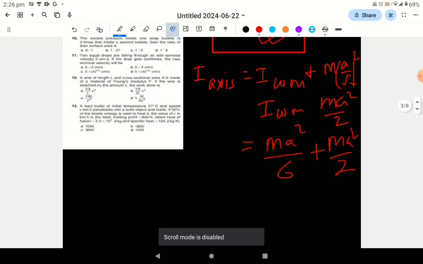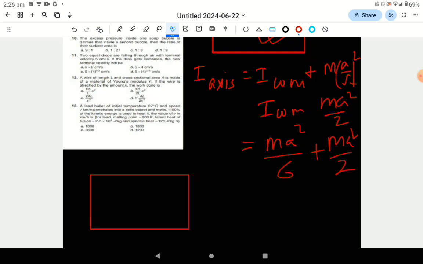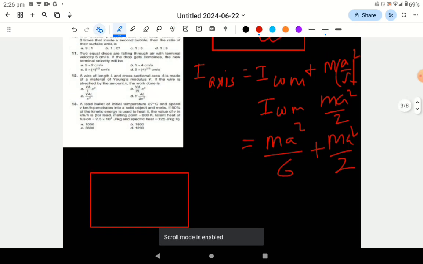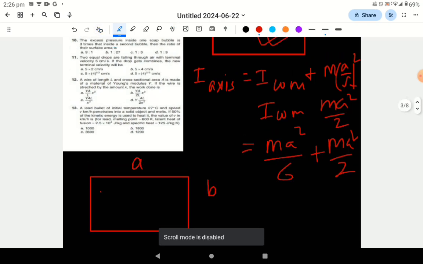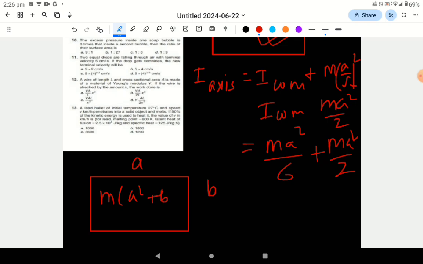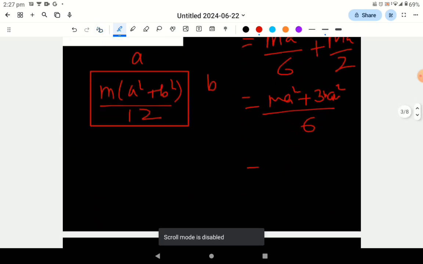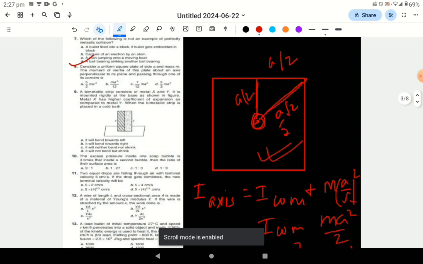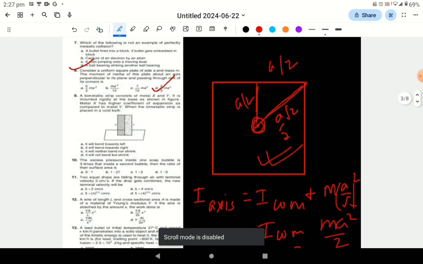If it were a rectangle with sides a and b, it would be m(a squared plus b squared) by 12. But for the square, it will be ma squared by 6. So it will be ma squared by 6 plus ma squared by 2, which eventually will be 2 by 3 ma squared, which is option number 4. Let's move on to the next question, question number 9.